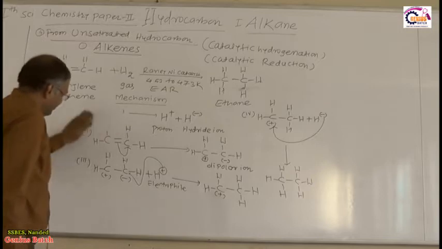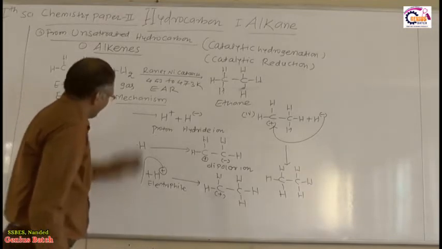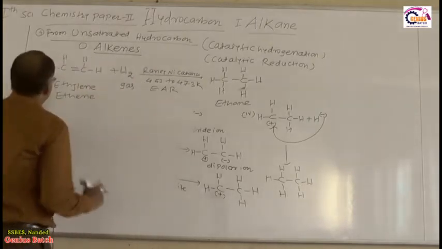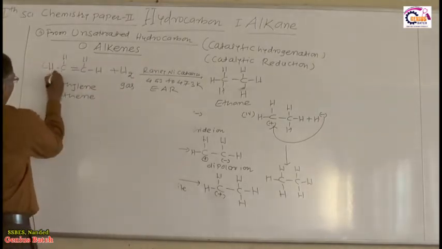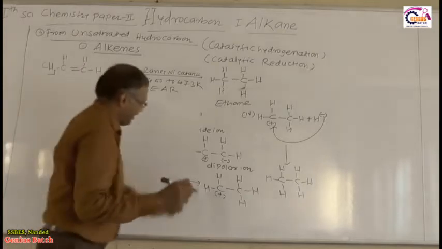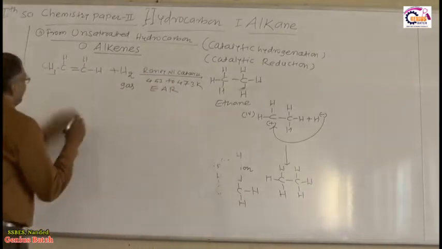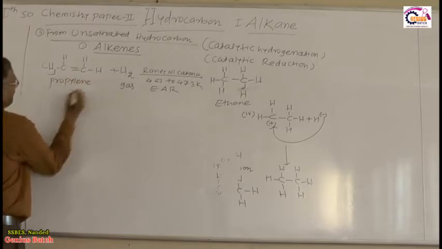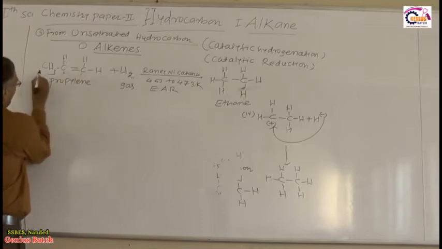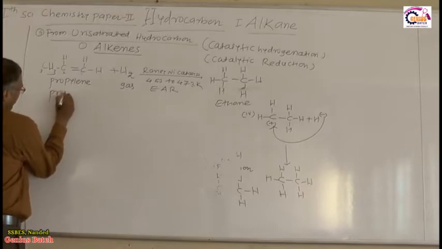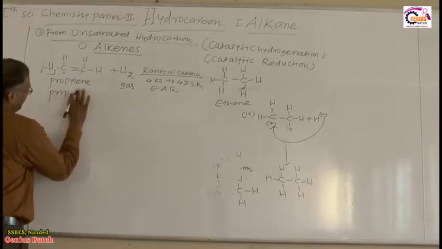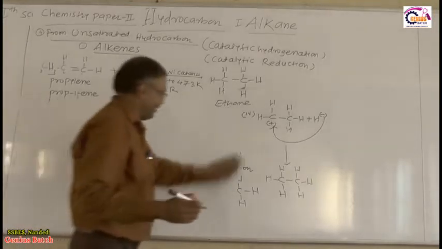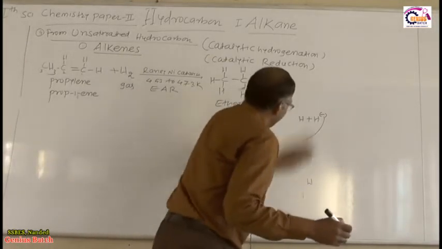Now let us take another example. So suppose I have added only here ethylene. What is the name of this compound? The name of this compound is propylene, the common name. 1, 2, 3, prop-1-ene, so that is the propylene.